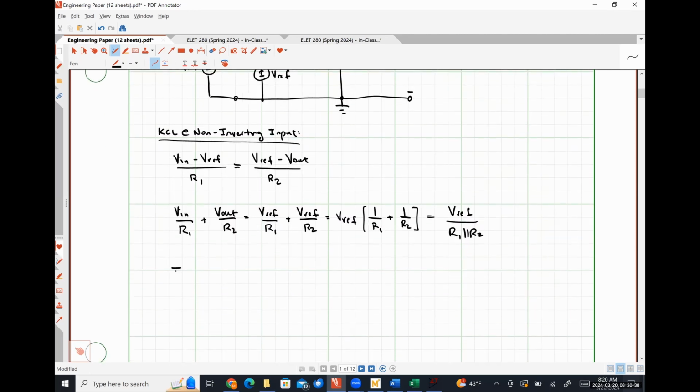So in doing so, that's going to give me VREF by itself on one side of the equal sign. And then I'm going to have Vn over R1 multiplied by R1 times R2 over R1 plus R2.